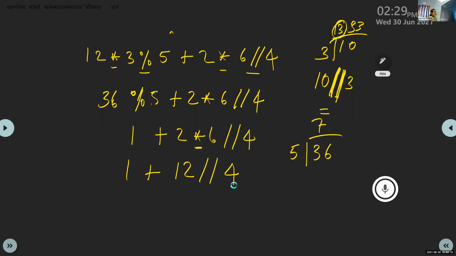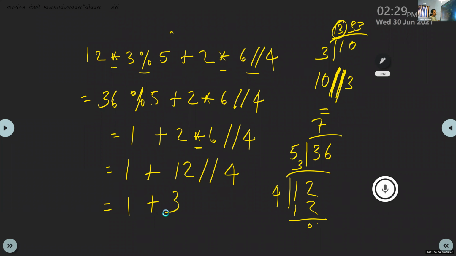Then Anjana, what next? 12 floor division 4. What is the result of 12 floor division 4? 3. The meaning of 12 floor division 4 is 12 is divided by 4, so the quotient is 3. Then 1 plus 3, the result is 4.